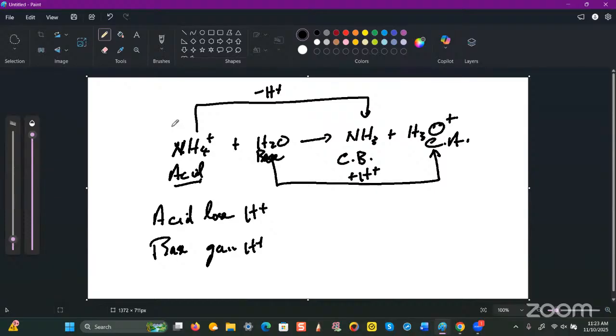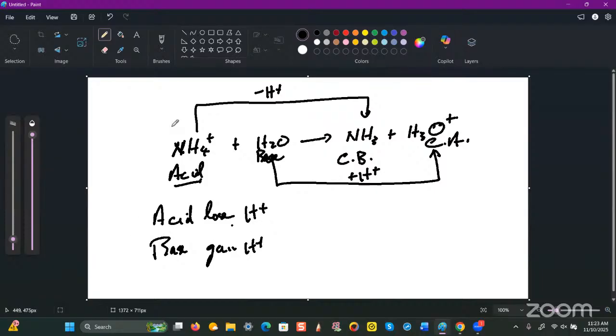In this reaction, it's an acid-base reaction because one substance is losing hydrogen ions and the other substance is gaining hydrogen ions. Once you determine what the products are, then you can identify what is an acid and what is a base, what would be the conjugate acid of the base, and what would be the conjugate base of the acid.